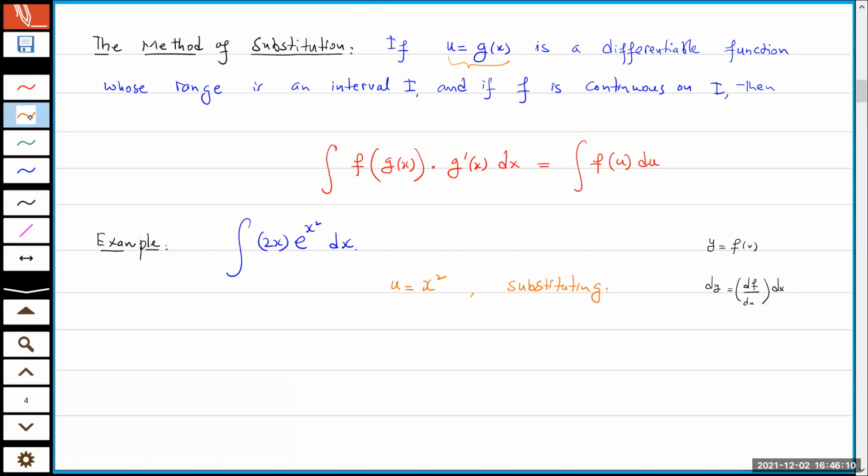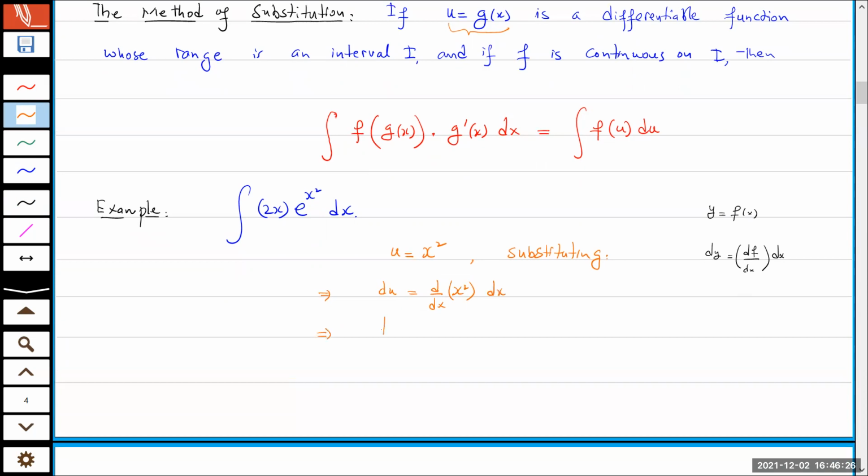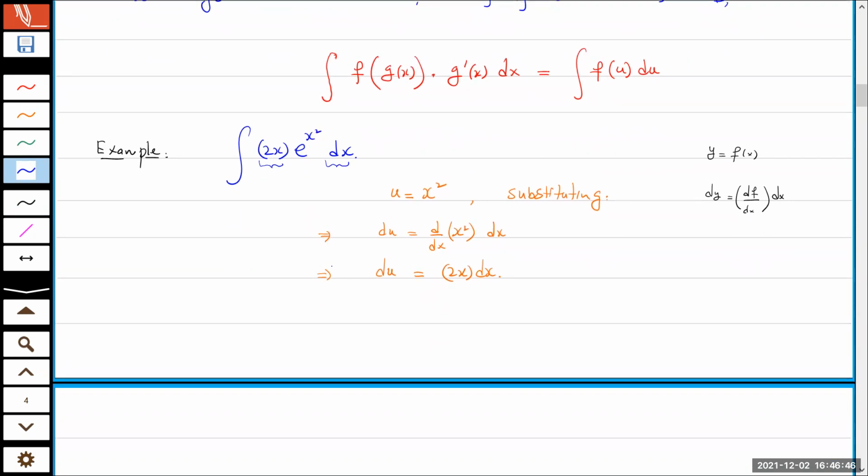I'm going to apply this here. du equals the derivative with respect to x of the function on the right-hand side multiplied by dx, which gives me du equals 2x dx. Now that is great because I can pair this 2x with dx, and I know this whole thing is going to become du.